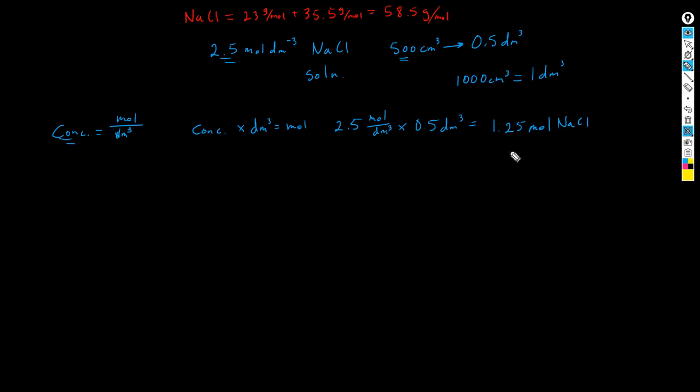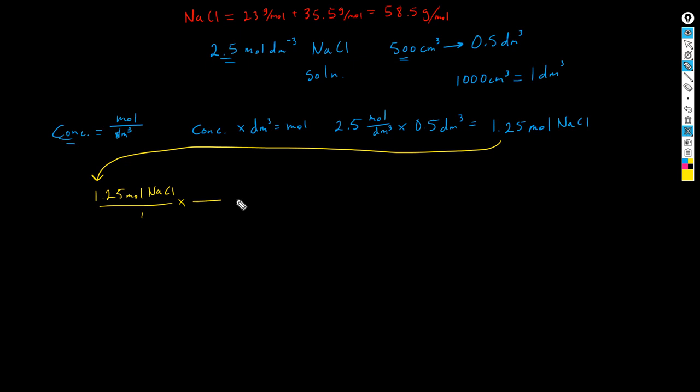Well, if I know the number of moles, I can figure out the amount, right? Because I have the molar mass. If I have 1.25 moles of NaCl, I can do some very easy stoichiometry here to say if the molar mass of sodium chloride is 58.5 grams per mole, then 58.5 grams of NaCl is 1 mole of NaCl.